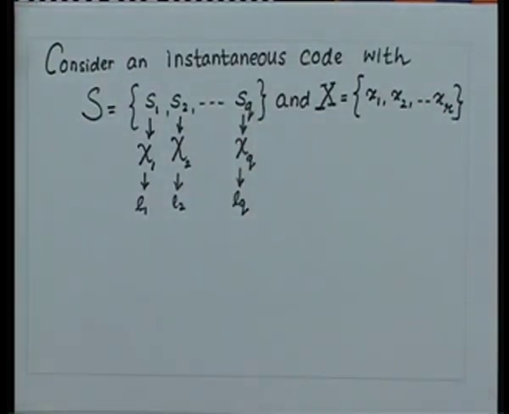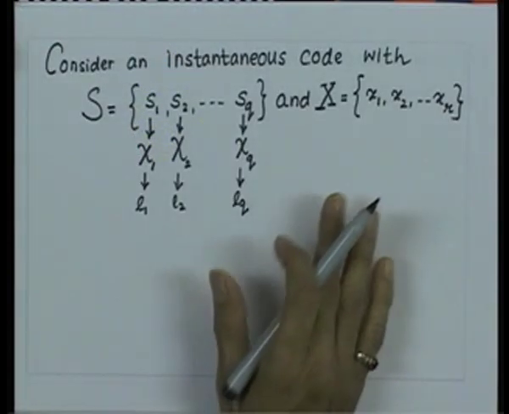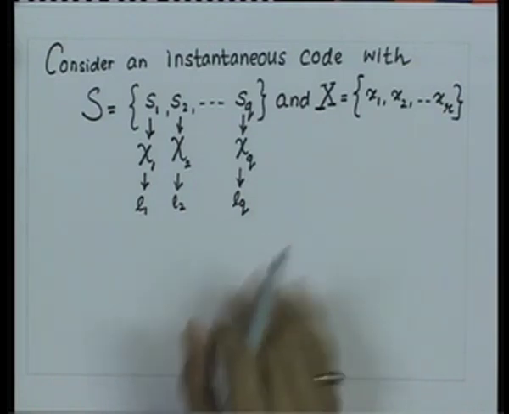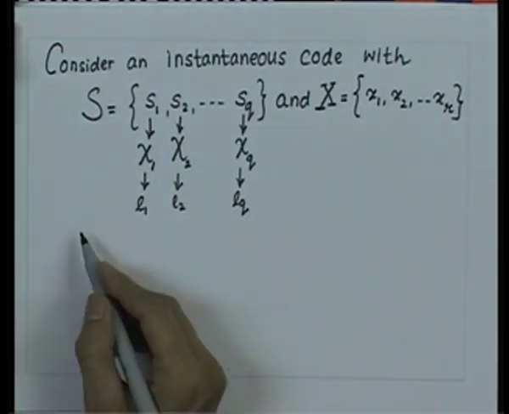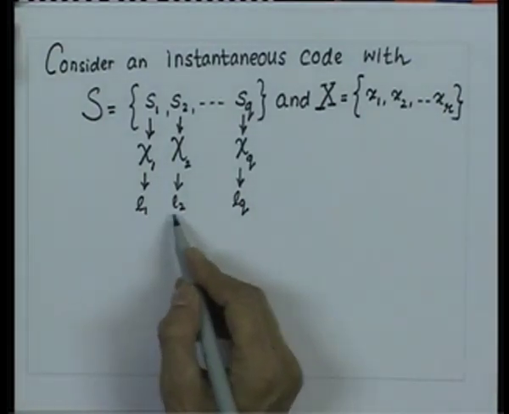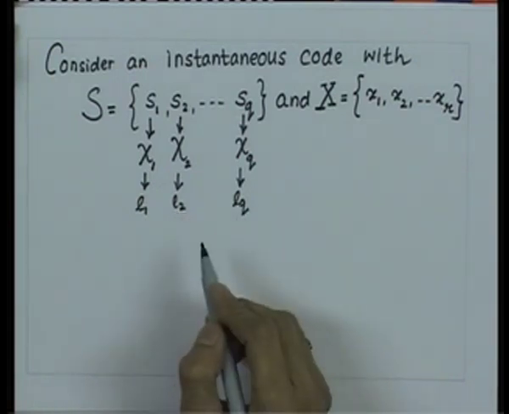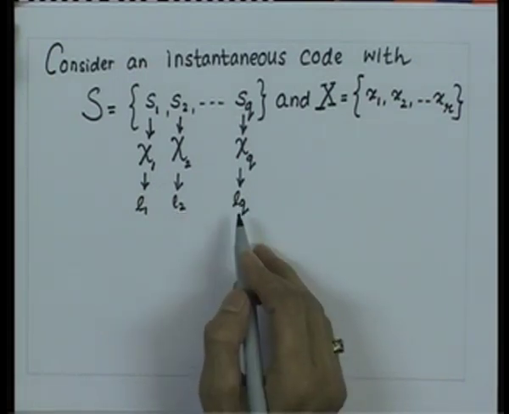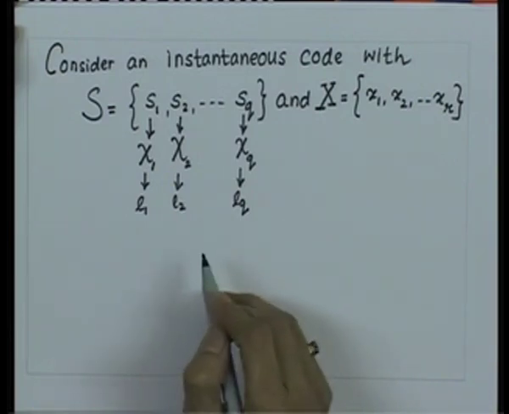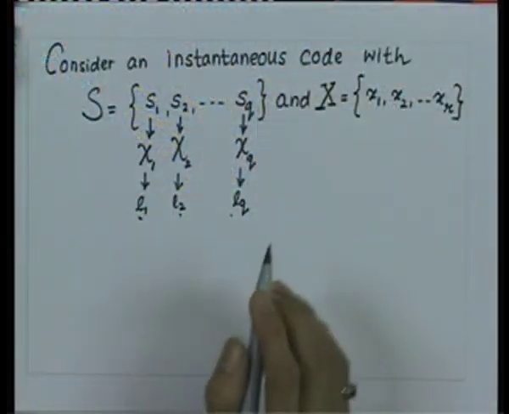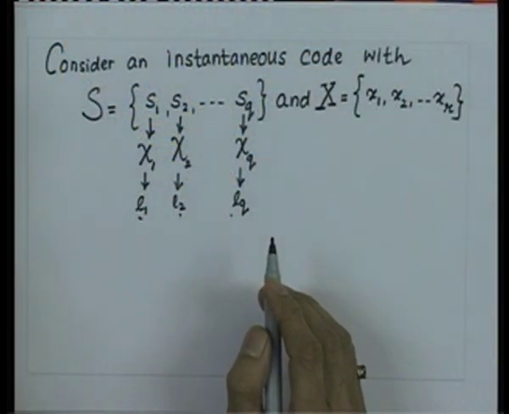Now, it is often desirable that the lengths of the code words of a code be as small as possible. So, the necessary and sufficient condition for the existence of an instantaneous code with code word lengths L1, L2, LQ is provided by the Kraft inequality.